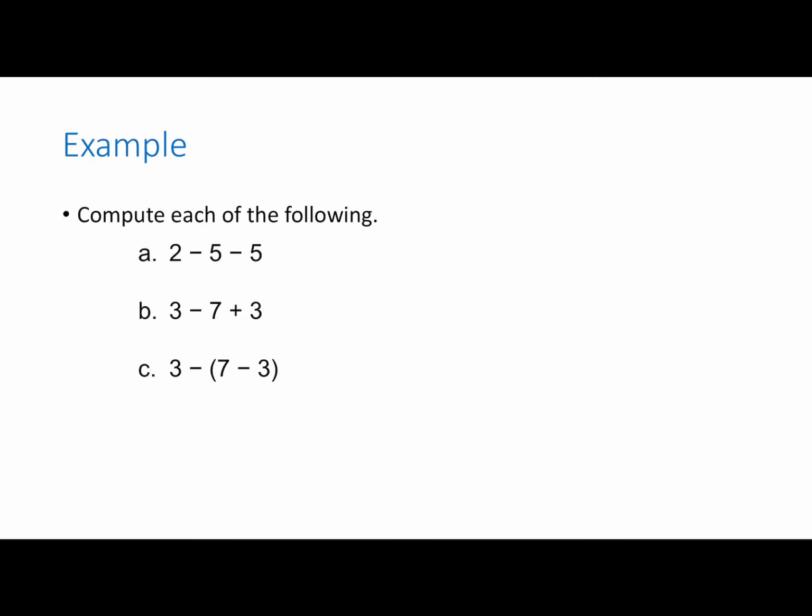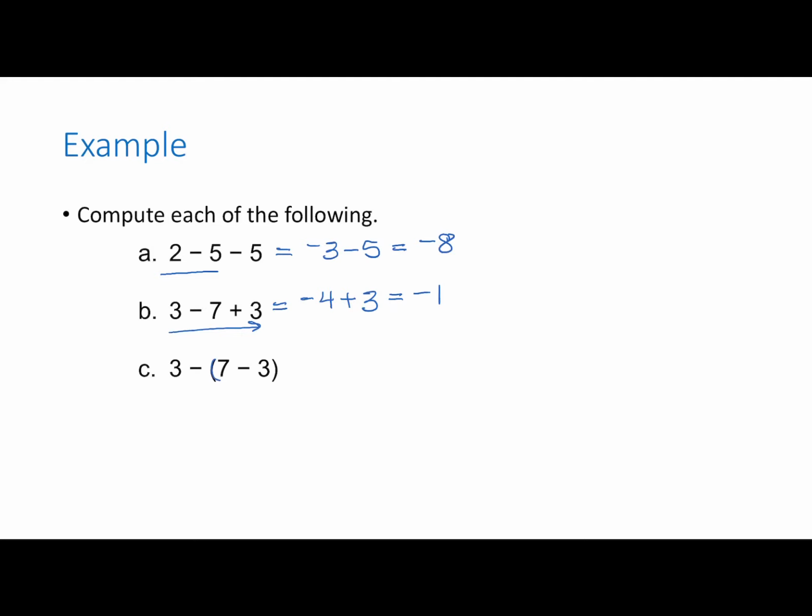Okay, so let's make sure that we're comfortable with that. 2 minus 5 minus 5, I'm going to start with 2 minus 5, that's negative 3, and then I'm just going to subtract 5 from that. That leaves me with negative 8. Again, we're moving from left to right, so I'm going to start with 3 minus 7, that's negative 4, plus 3, it's going to give me negative 1.